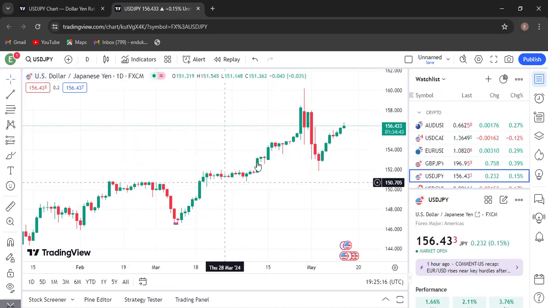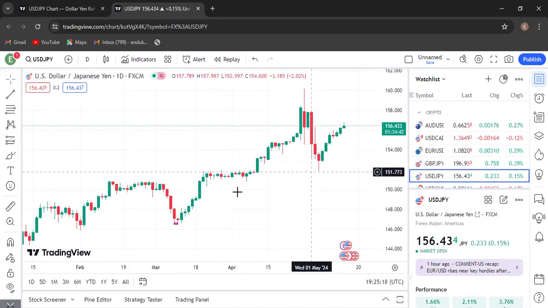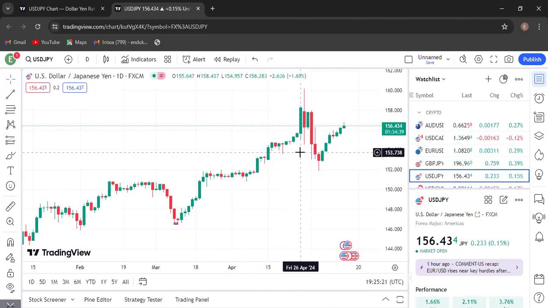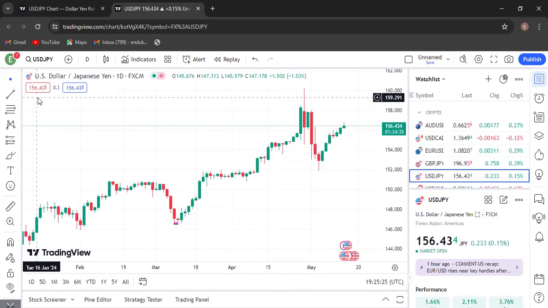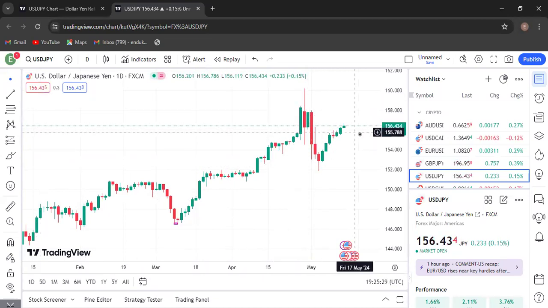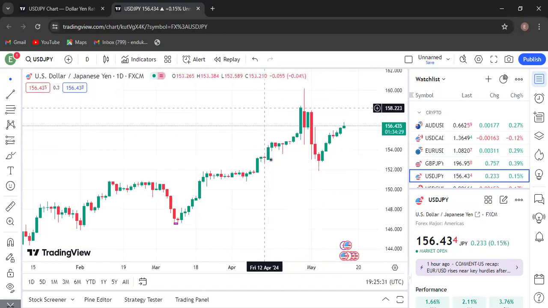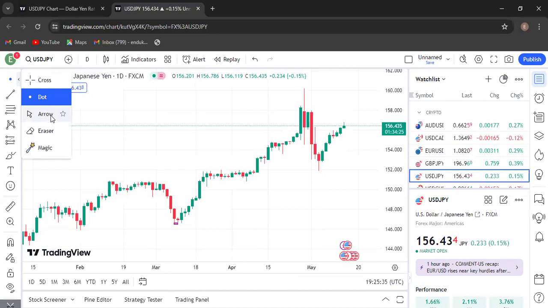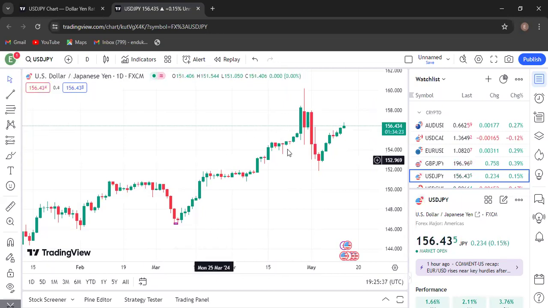You can see that it's no longer an arrow. It's now a cross. Then there are dots, which you would use for navigation. However, I prefer using an arrow, so I'm going to change it to an arrow. So this is it.